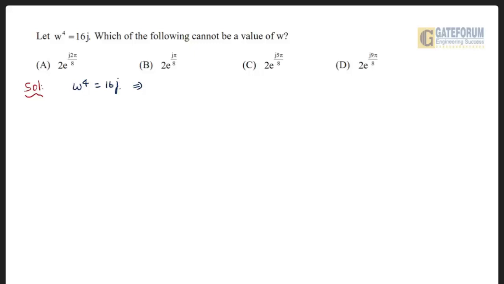When we want to find square roots, cube roots, nth roots of a complex number which is purely imaginary, the 4 goes to the right side and becomes 1/4, that is, the 4th roots of 16j.